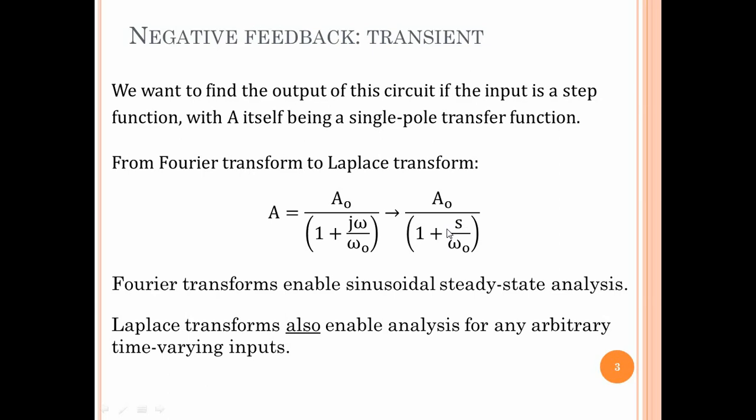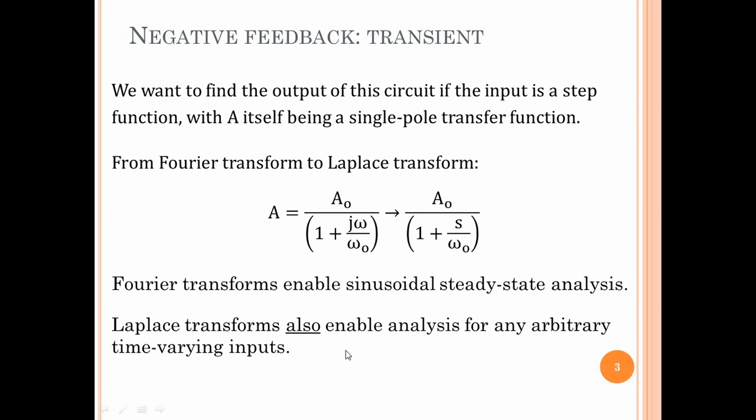The reason for doing this is that, as we saw in detail last semester, j omega, or equivalently Fourier transforms, allow us to analyze circuits in sinusoidal steady state. Laplace transforms allow sinusoidal steady state analysis because it has a j omega in it, but they also enable analysis for any arbitrary time varying input, because the input can be transformed to the Laplace domain.